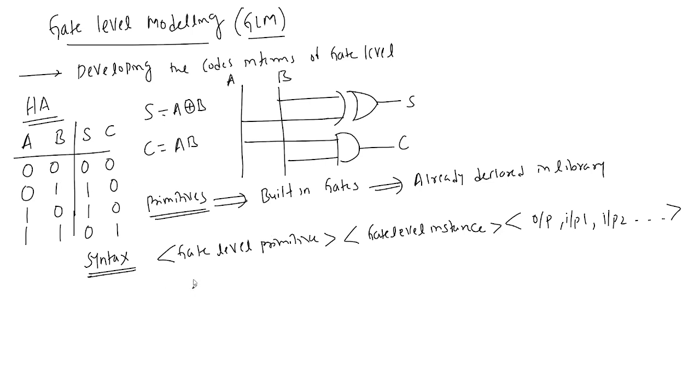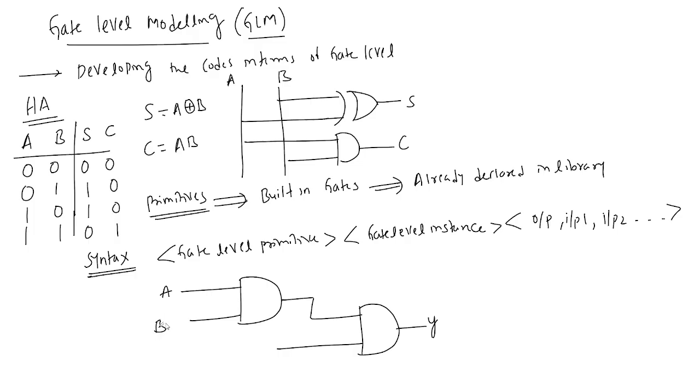Suppose this circuit is there. The output is Y, the inputs are A and B, and this internal variable we consider as w1, and this is cin. How are we writing it? There is an AND gate. Let us take the primitive instance names as a1 and a2.